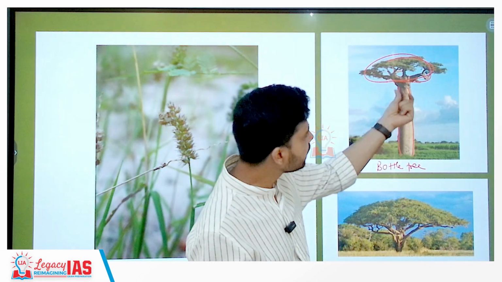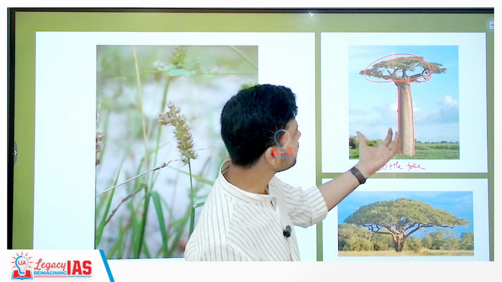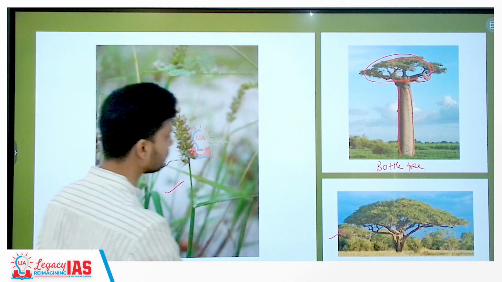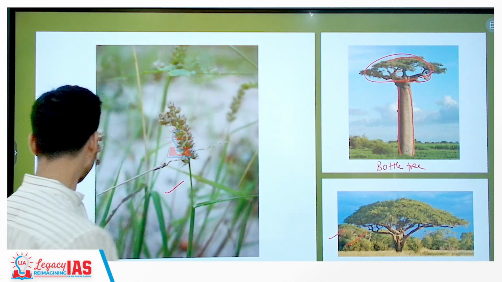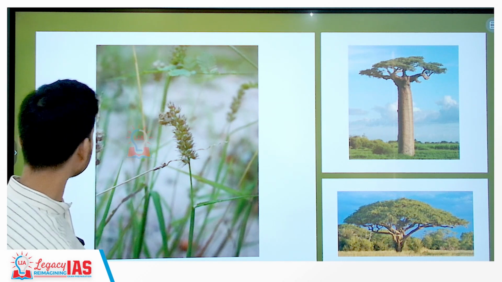So the tree conserves water in its trunk during the dry season, and then uses it for its survival till the rainfall happens again or water is again taken. Again you have the grasses that we have discussed, cram grass, and the acacia trees: three major kinds of vegetation you will observe in the Sahel region.